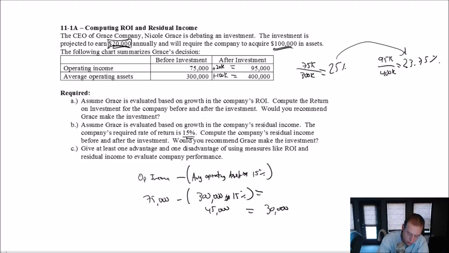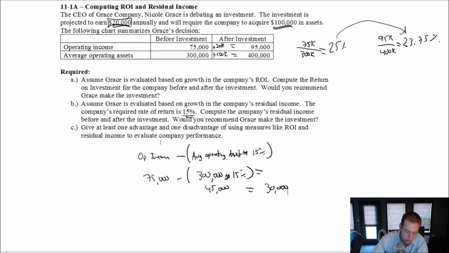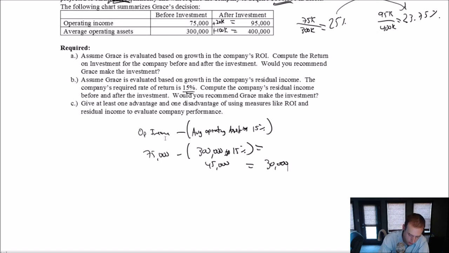That's the residual income before. Let's take the residual income after, which is 95,000 minus 400,000 times 15%. 400,000 times 15% is 60,000. So 95 minus 60 is 35,000.